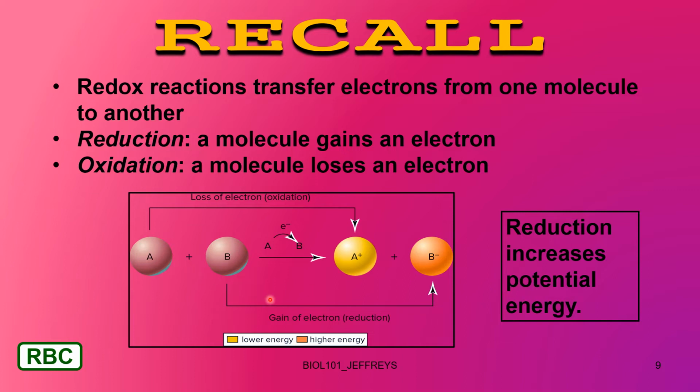And here we see in this little diagram, A loses an electron and becomes more positive, thereby being oxidized, and B gains an electron, therefore becoming more negative, and is thus reduced.